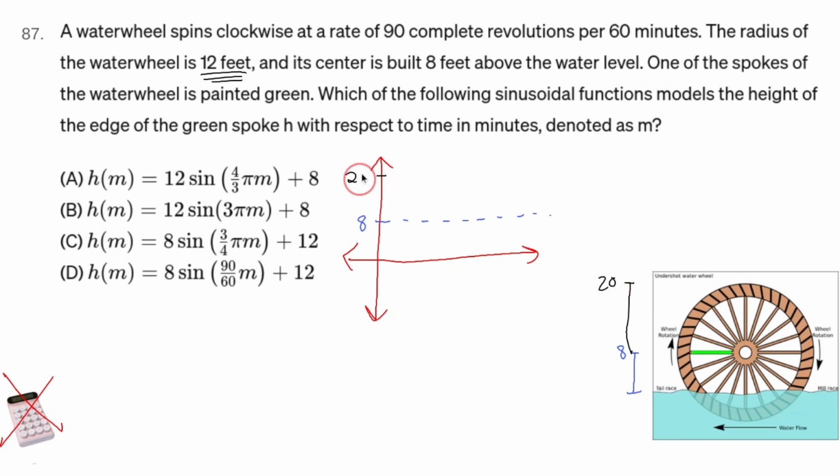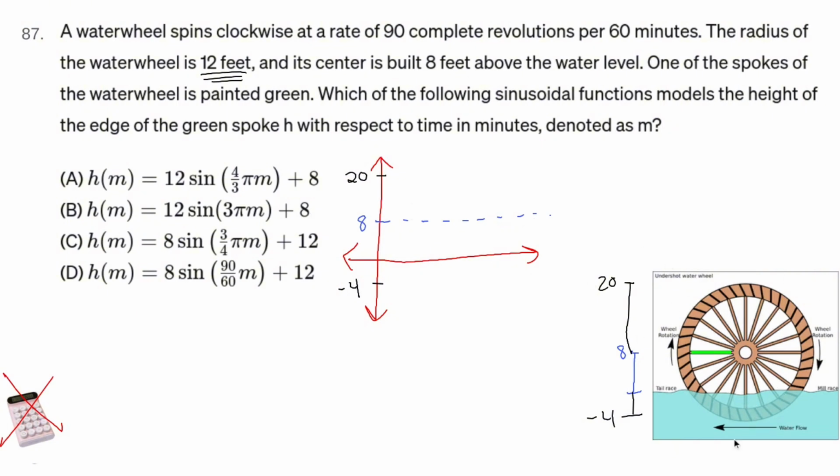That's my maximum, 20. As it goes underwater, 8 take away 12 means it's going to bottom out at -4. And if you're thinking you can't have negatives in real-life sinusoidal problems, you sure can if you're going underwater, and this looks like it's underwater to me. So I'm going to go with that.